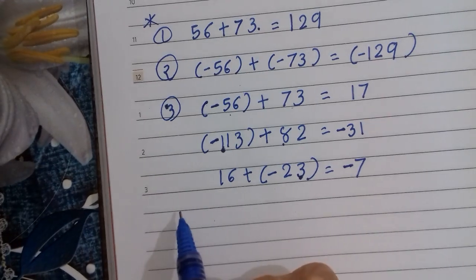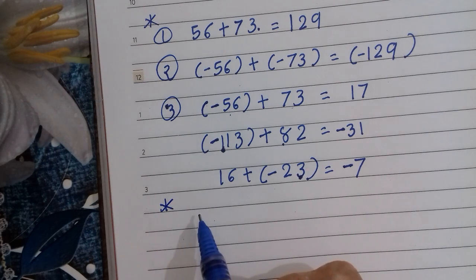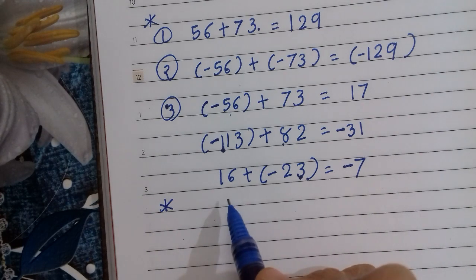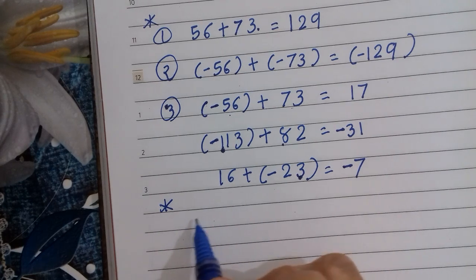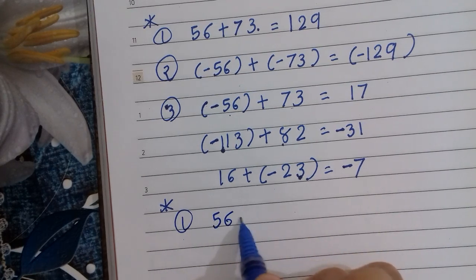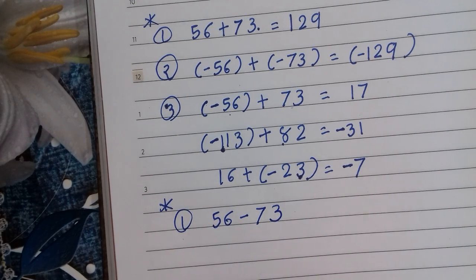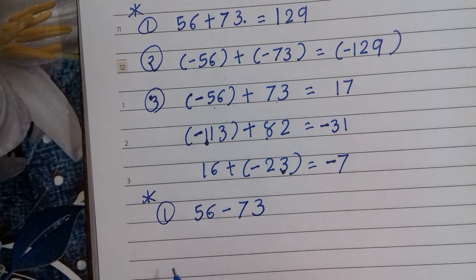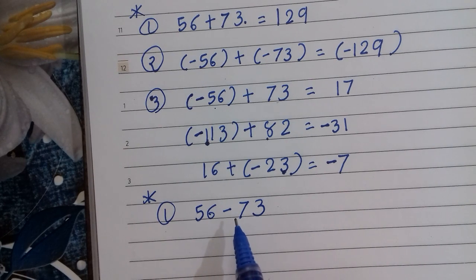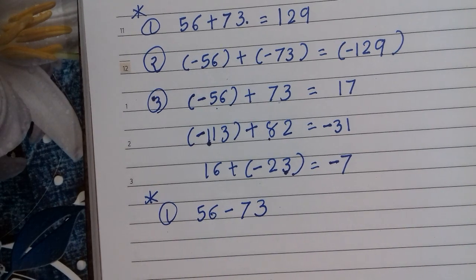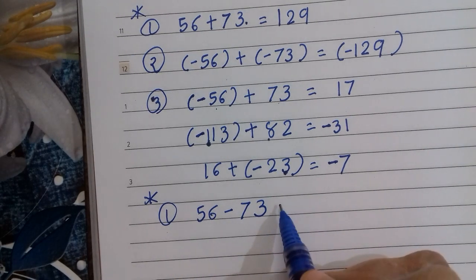Now for subtraction, for example, 56 minus 73. For subtraction, we add the additive inverse of the integer that is being subtracted to the other integer. Suppose here 56 minus 73.